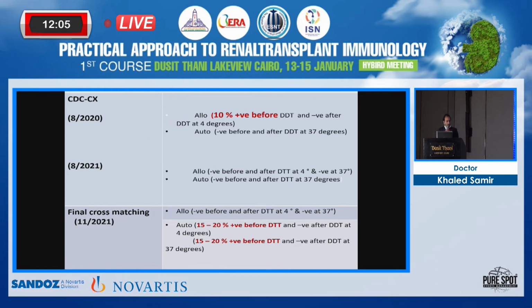Her final cross-match was done 1 day before the renal transplantation. It was allo, negative before and after DTT at 4 degrees and 37 degrees, but on the total auto it was 15 to 20% positive before DTT at 4 degrees and negative after DTT, and also 15 to 20% positive before DTT and negative after DTT at 37 degrees.